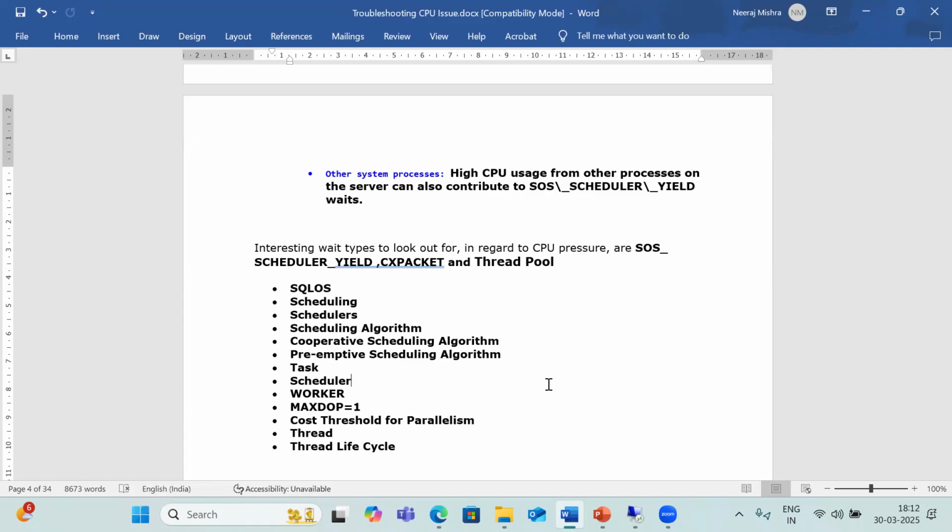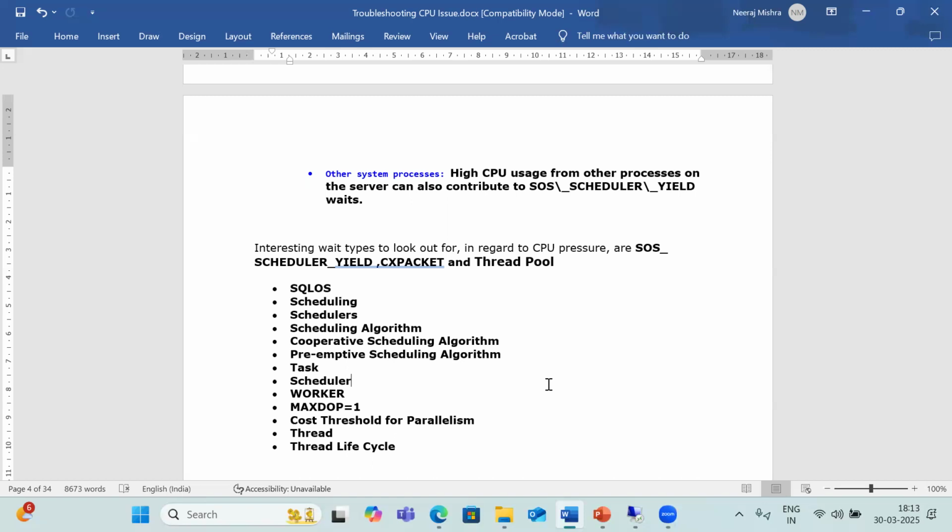Also, I will talk about a few concepts related to the output of a DMV, that is sys.dm_os_wait_stats. Also, you can find those things under the task also, dm_os_waiting_tasks.